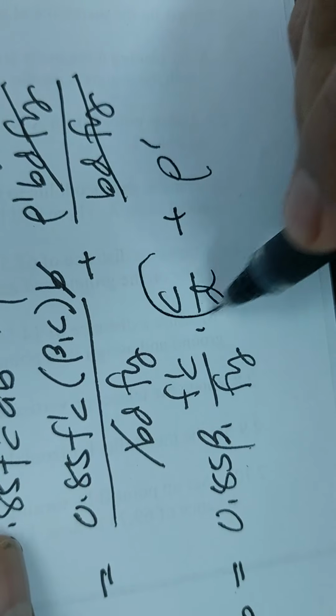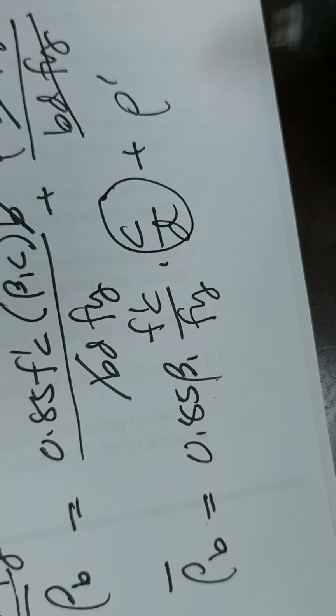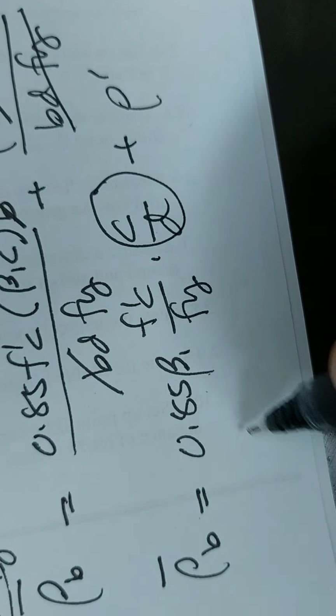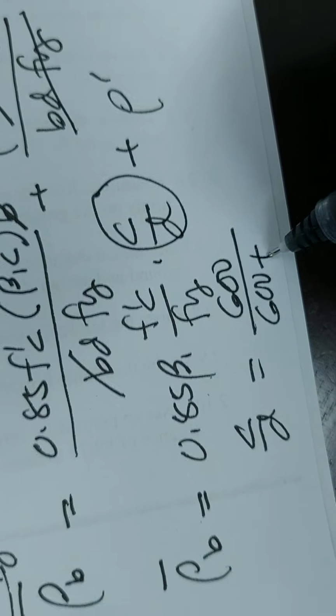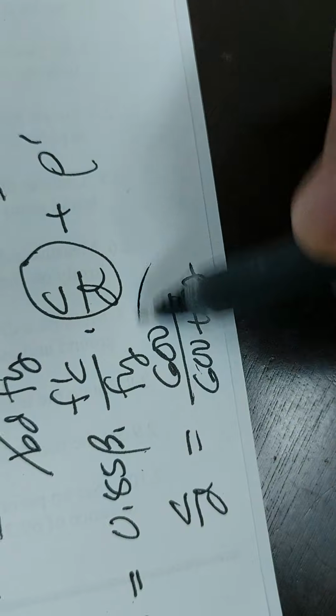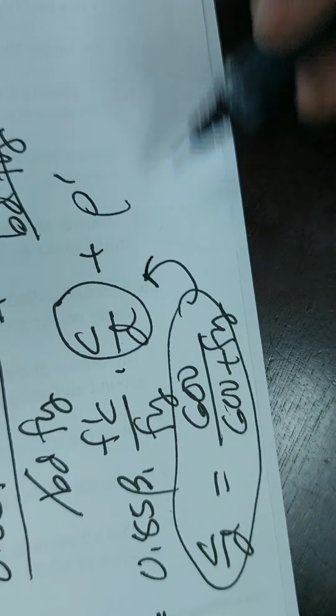Therefore, it is understood already that C over D, as we have derived before, is equal to 600 over 600 plus Fy for balanced condition. Therefore, we need to substitute this value.